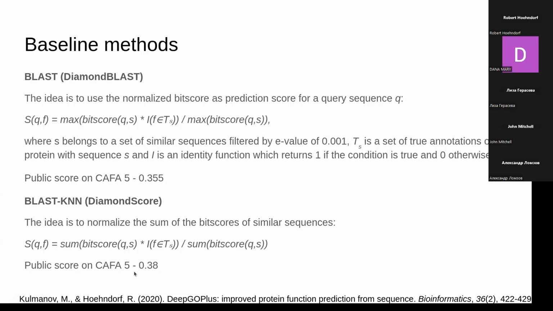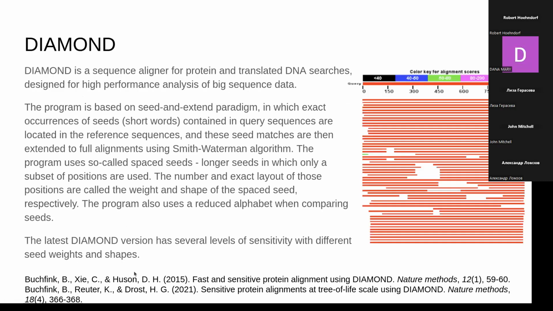In these methods, the program used to obtain similar sequences for every query sequence from the test set is called Diamond. It's a BLAST-like method, and it also uses a seed-and-extend paradigm, when exact occurrences of short words contained in query sequences are extended using the Smith-Waterman algorithm.